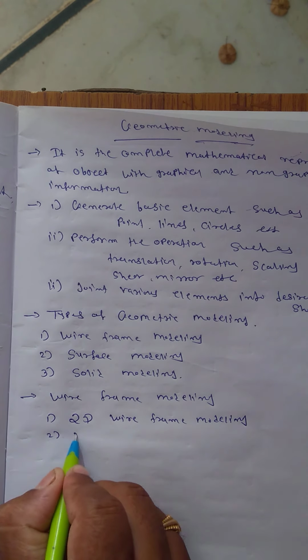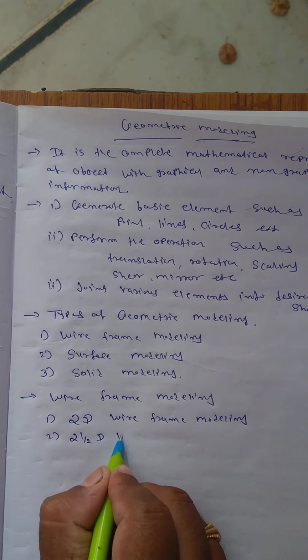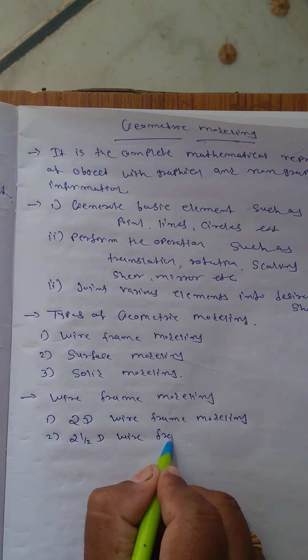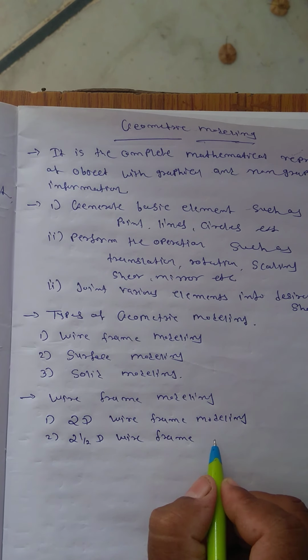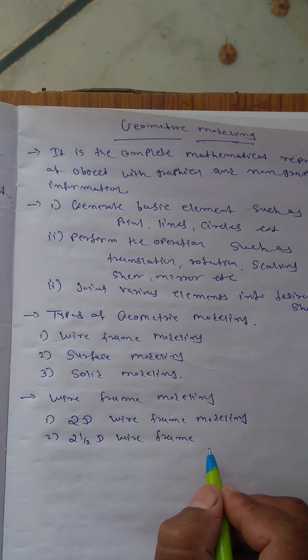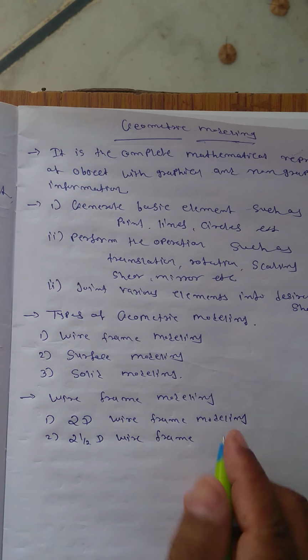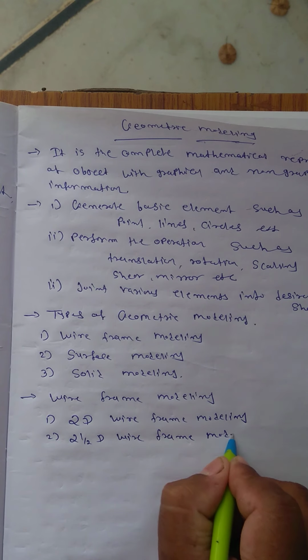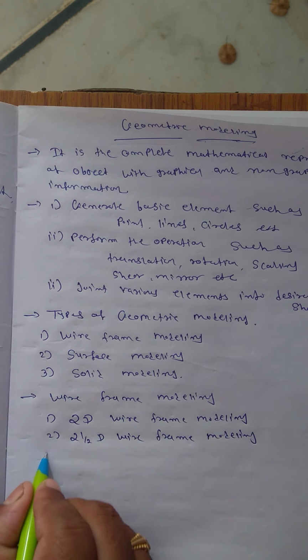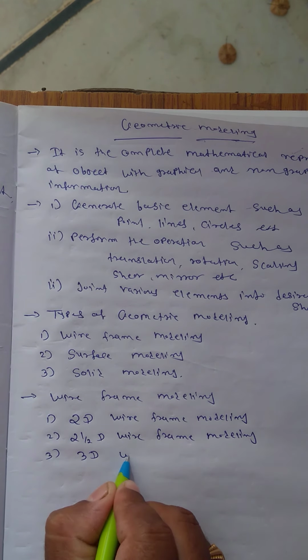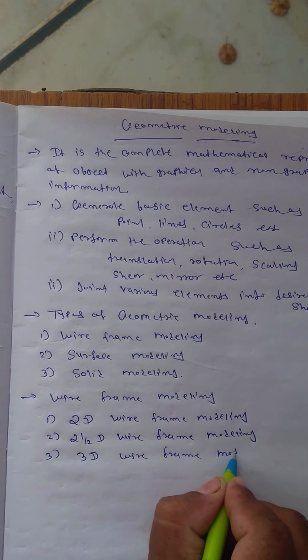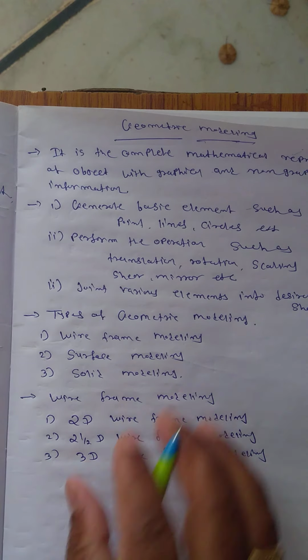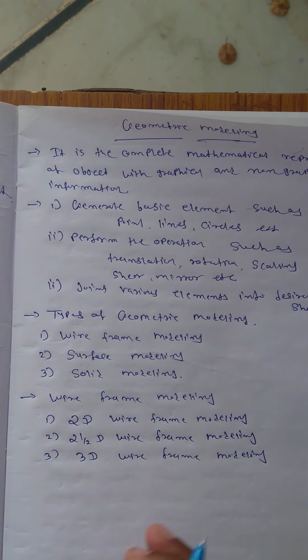Second is 2 and 1/2 D wireframe modeling, which is similar to 3D wireframe modeling but does not include the side wall detail. Third is 3D wireframe modeling.